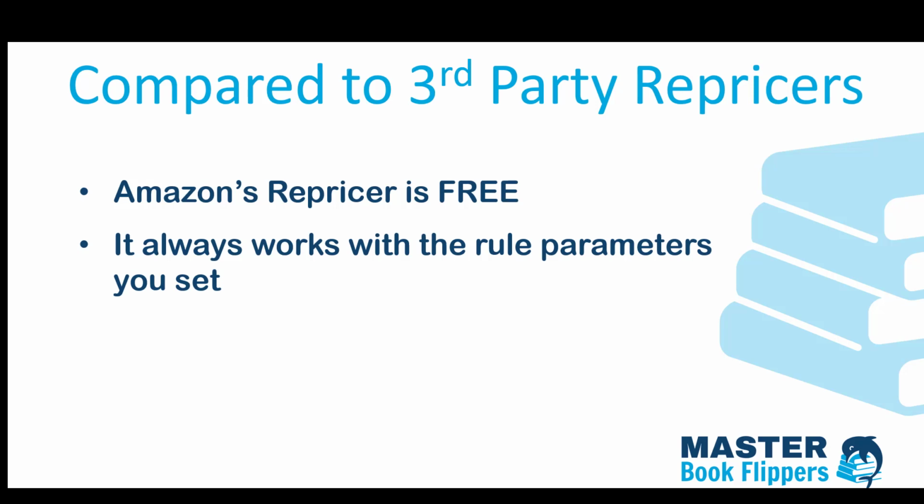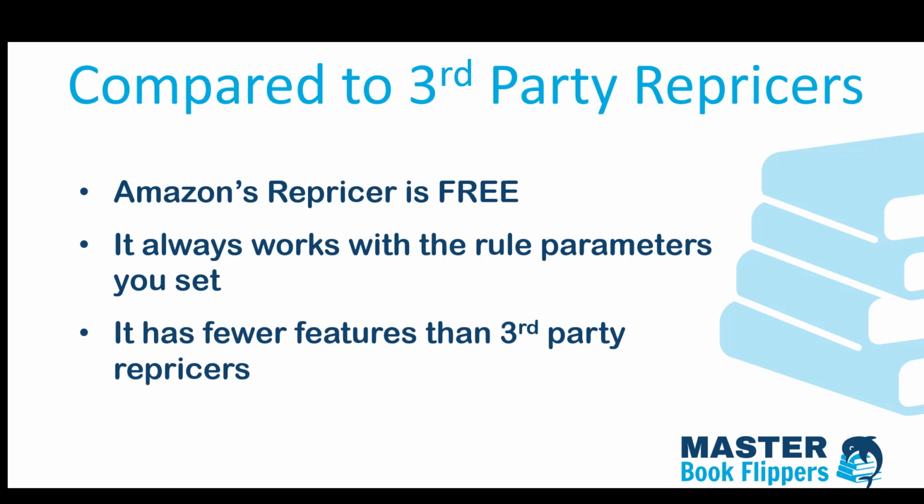So in certain instances, their repricer will not work the way you intend, and that can be very frustrating, which is one of the reasons I no longer use third-party repricers. Depending on how your inventory is, it may or may not work well for you, but you need to make sure you understand that before you use a third-party repricer.